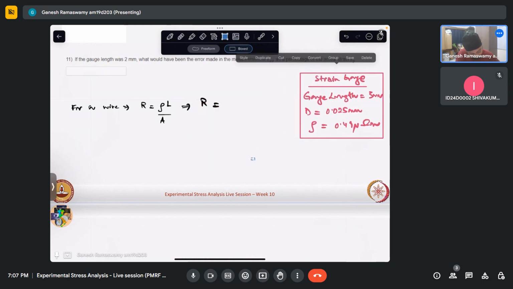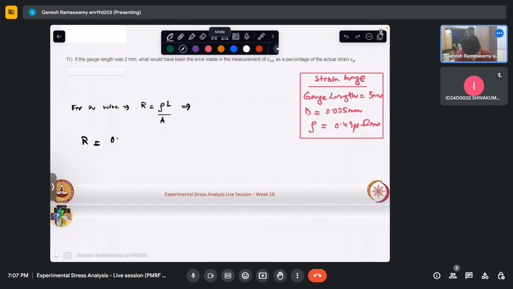So for this, the resistance of a single wire is 0.49 into 10 power minus 6 ohm meter into the length. Length is the gauge length of a single, I'm not talking about the entire grid, I'm just talking about one piece in the gauge length, and this should be divided by the area.